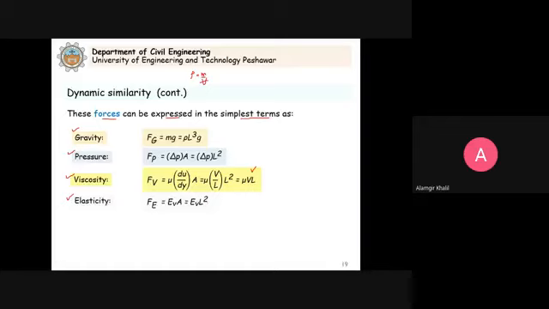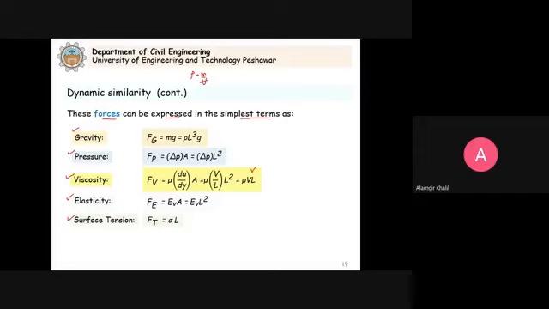Why? The reason is that this Ev, the volume modulus of elasticity, has essentially the units of pressure. So that's why force by area can be written as Ev into L squared. Similarly, we have the surface tension, which is force per unit length. So F by L. In our textbook, the surface tension is denoted by sigma.